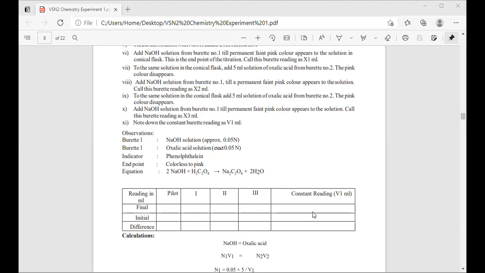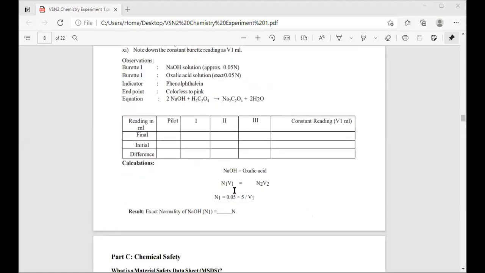So your constant burette reading is 5.6, which you have to substitute here. We have to find the normality of NaOH; the oxalic acid normality is known to you. The oxalic acid we prepared is 0.05 normal, and we have taken 5 ml for titration.